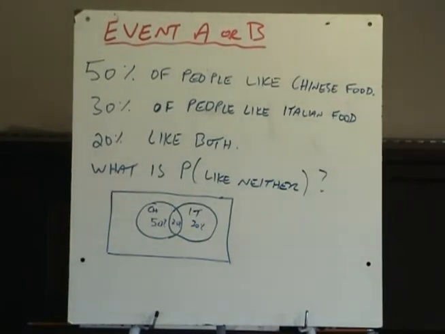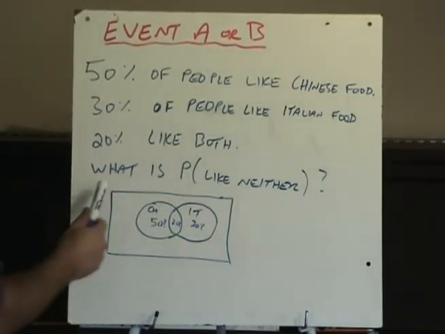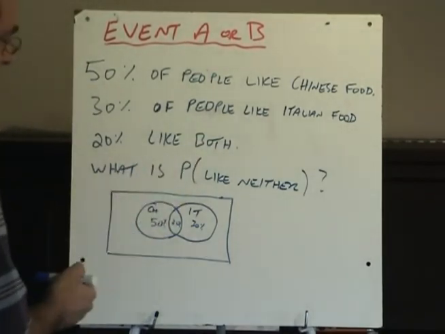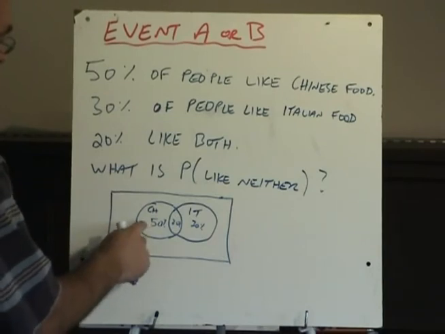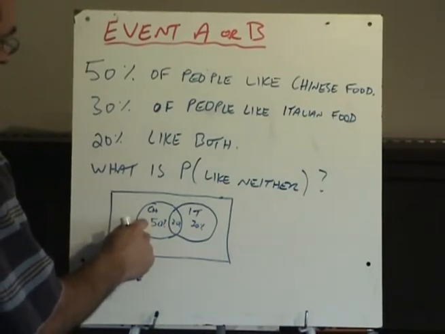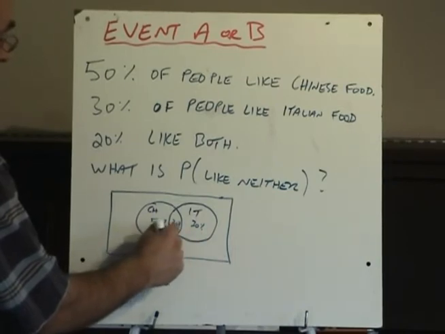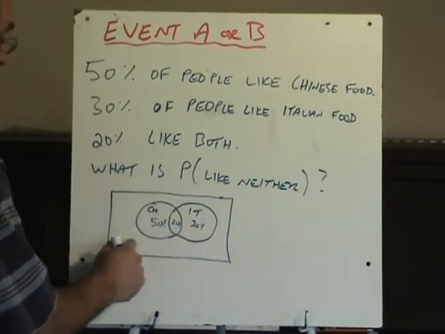Let's consider the same example, but this time we're going to ask the question, what is the probability that they like neither Chinese or Italian? So they're not going to be standing here because this is just Chinese, and they're not going to be standing here because they'll like Italian, and they're not going to be standing in the middle because they'll like Italian and Chinese. We want the people who are out here.